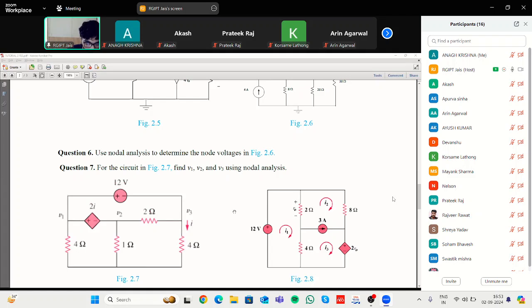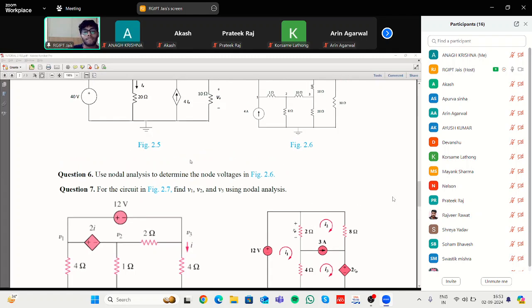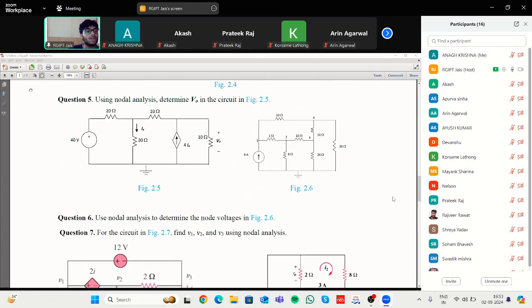Point. Right. Now give me the answer for V2 and V4. Rest of all, are you solving or not?